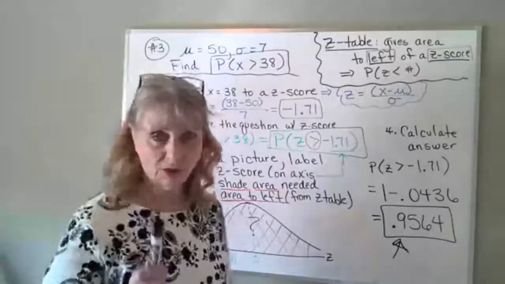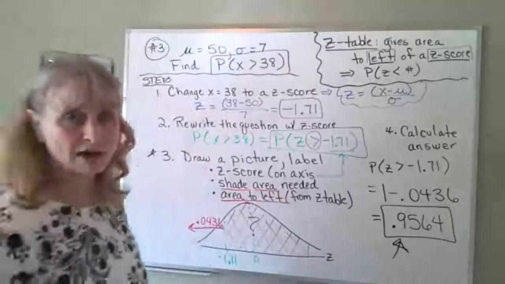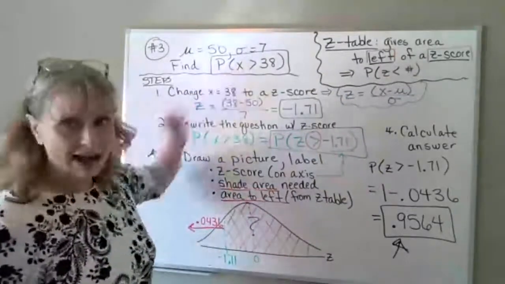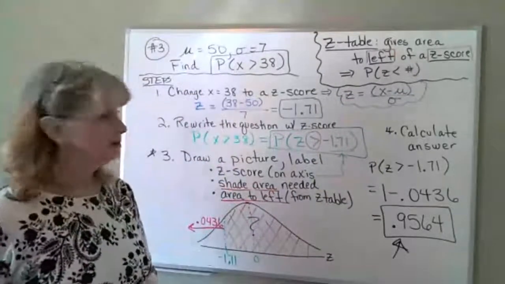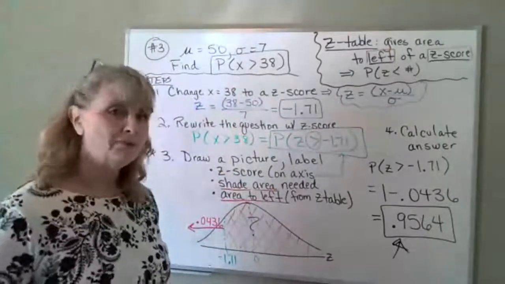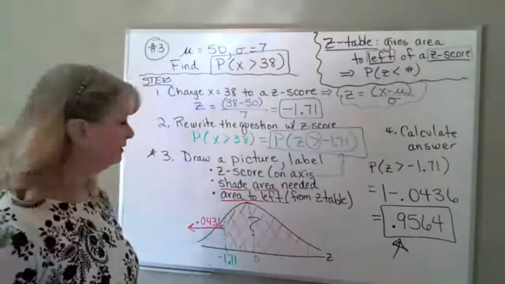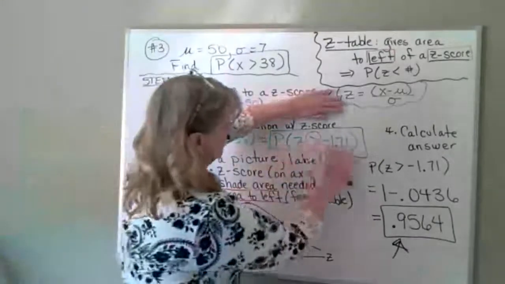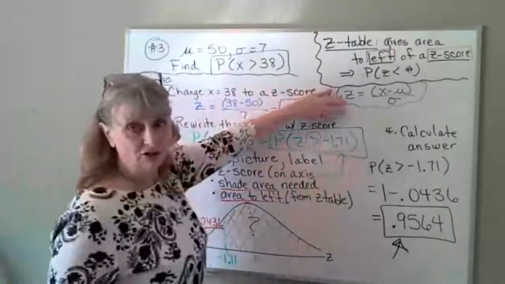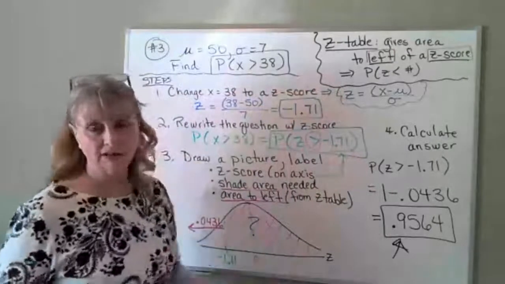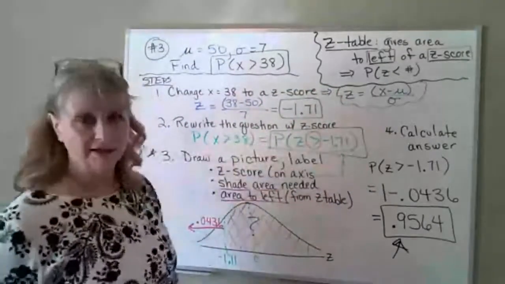So let's go over this one more time. When we do a greater than problem, if they give us the data value instead of the Z-score, we're going to have to convert it to a Z-score. If you haven't done the 5.1 homework yet, basically the 5.1 homework starts with questions like this. They tell you the Z-score, and they tell you whether they want the area to the right or to the left, or they might ask a probability.